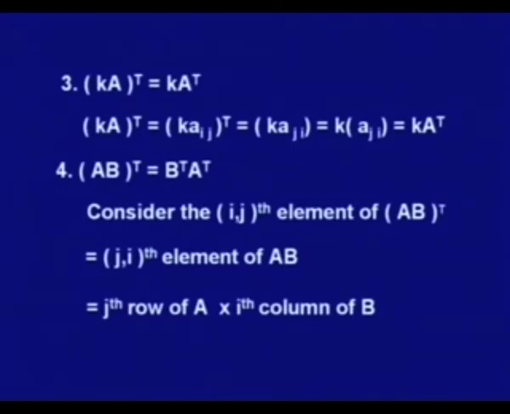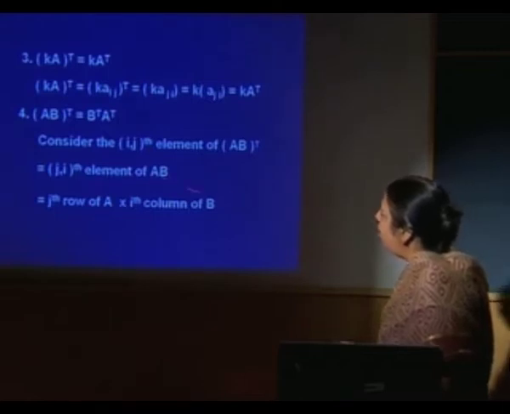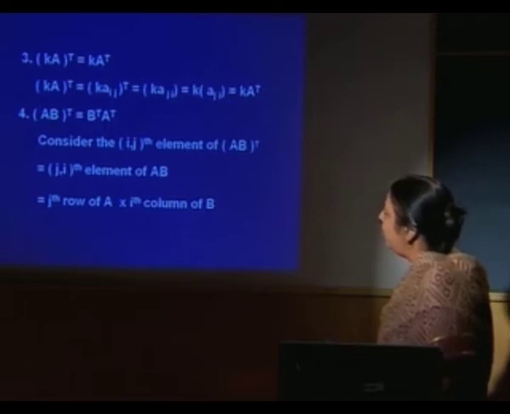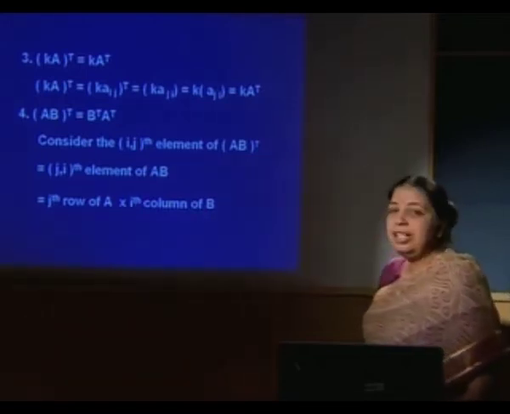Basically, the ijth element of (AB) transpose is nothing but the jith element of AB. Now, by definition of multiplication, the jith element of AB is nothing but the jth row of A multiplied by the ith column of B, because we said that matrix multiplication is row multiplied by column.